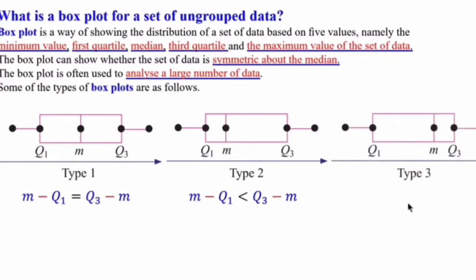For type 3, Q3 minus median is less than median minus Q1. So the Q3 minus M line looks shorter, and the M minus Q1 line is longer. So this one is type 3. There are 3 types of box plot.